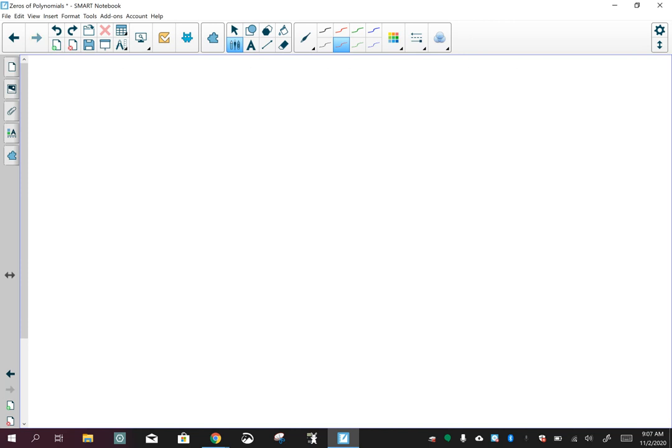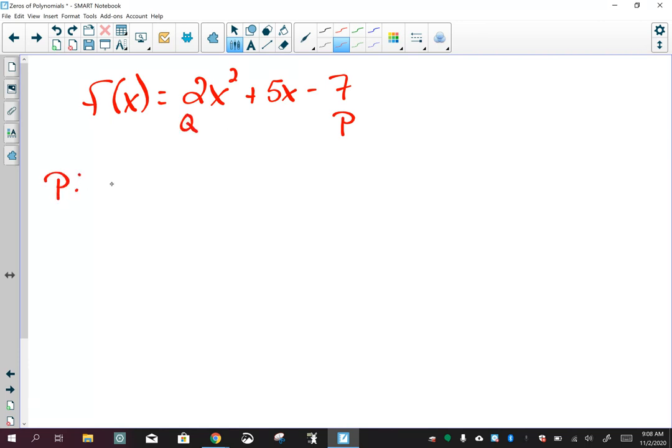So, for instance, if I gave you f of x is equal to 2x squared plus 5x minus 7, okay? This is my P, this is my Q. So my factors for P, in this case, are 1 and 7. Remember, everything is plus minus. My factors for Q are 1 and 2.